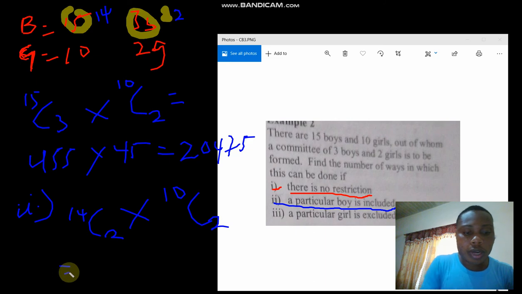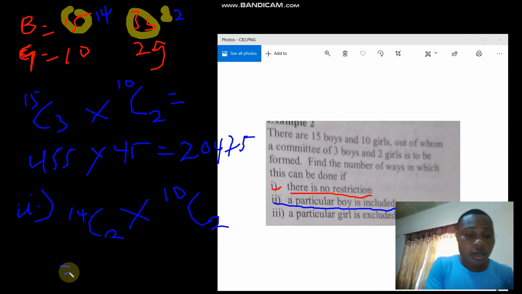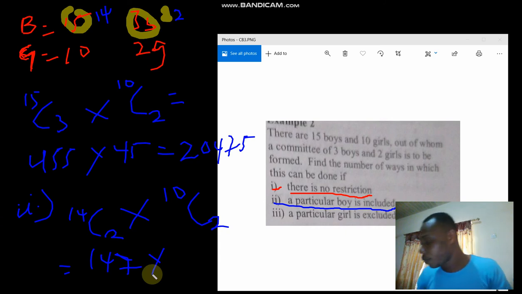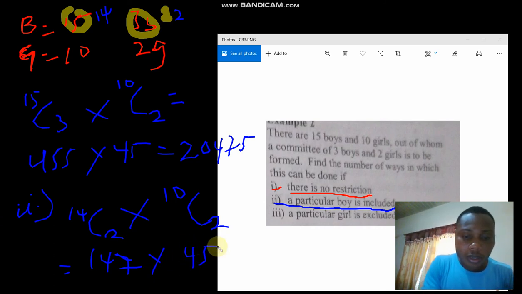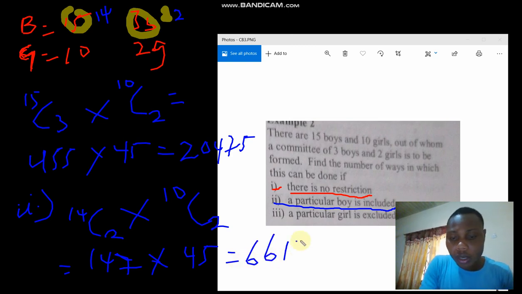When I punch this on my calculator, I should get 147 times 45, which we have already done at first. So the final answer should be 6615.